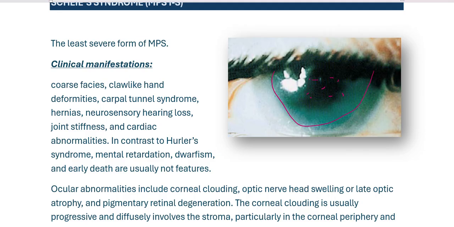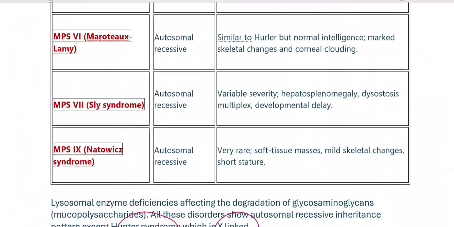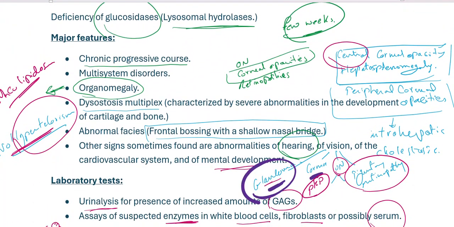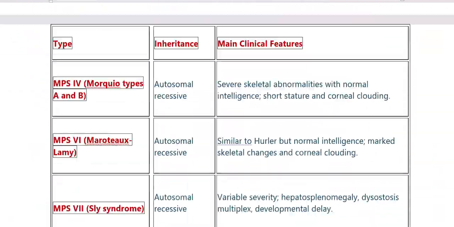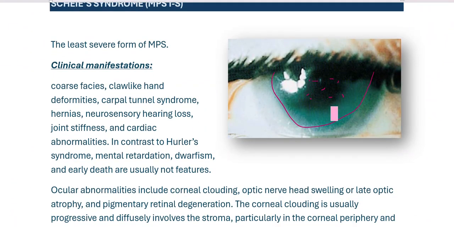This is not like Alagille syndrome, the intrahepatic cholestasis, where there are peripheral corneal opacities. In Scheie syndrome, the corneal opacity is usually peripheral, with no limiting area between the limbus and the opacification.